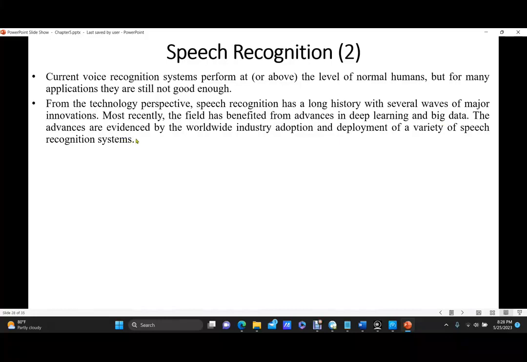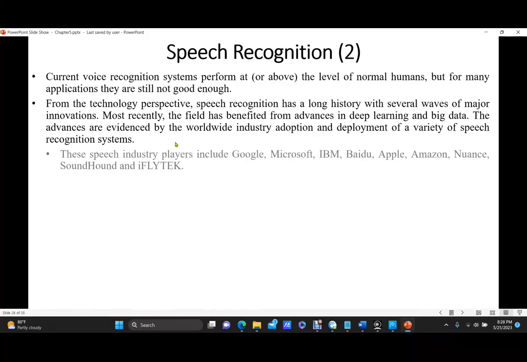The advances are evidenced by worldwide industry adoption and deployment of a variety of speech recognition systems. These speech industry players include Google, Microsoft, IBM, Baidu, Apple, Amazon, Nuance, SoundHound, and iFlyTech.